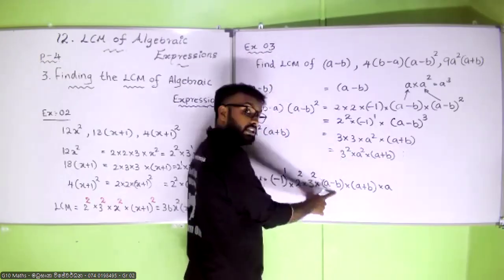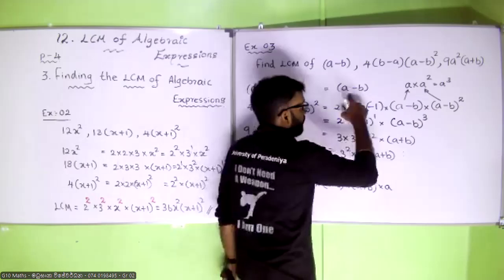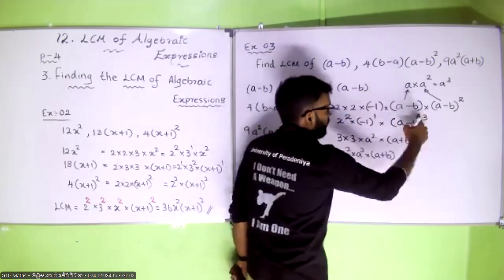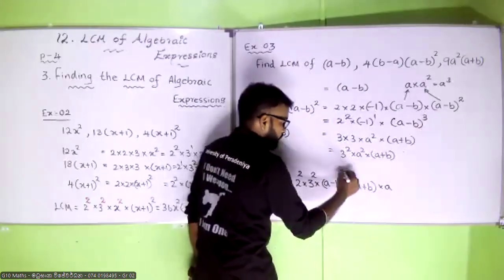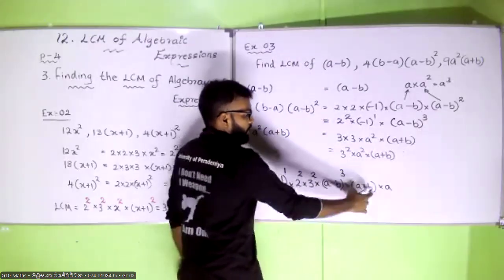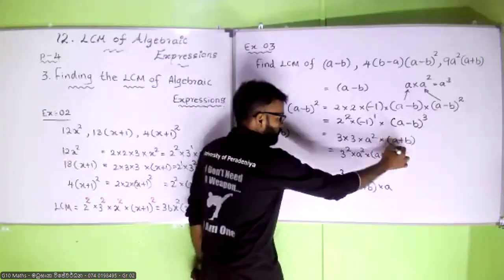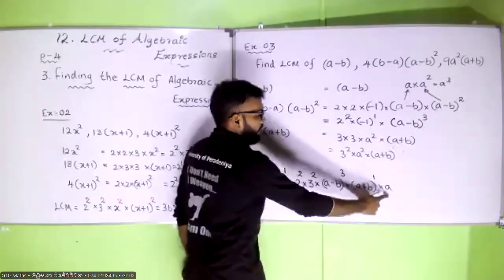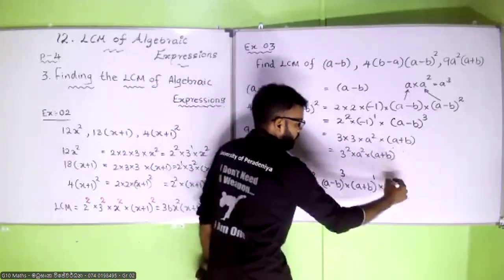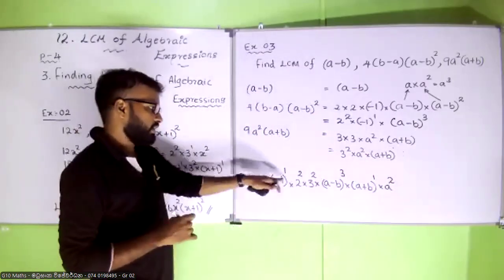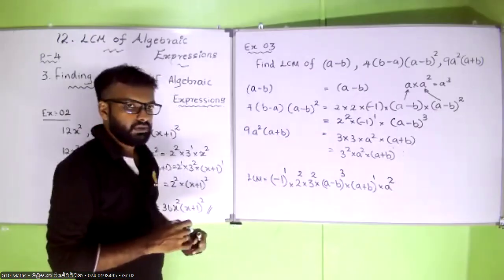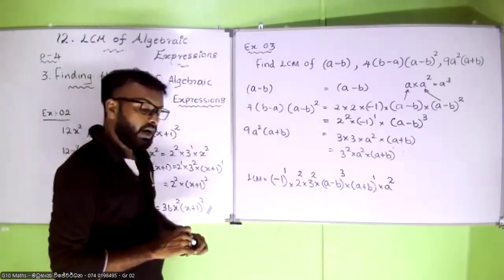When you consider A minus B, A minus B to the power 3. A plus B to the power 1. A to the power 2. So these are the different factors with the highest powers.